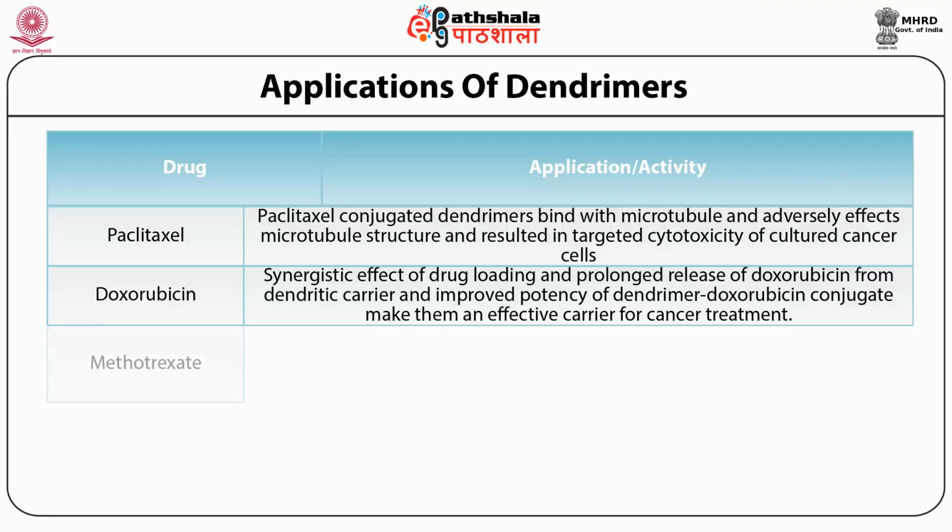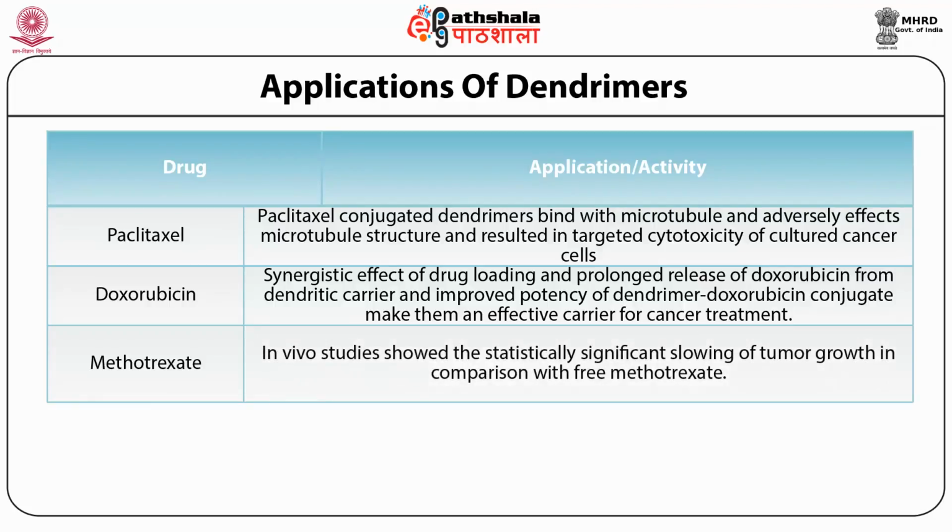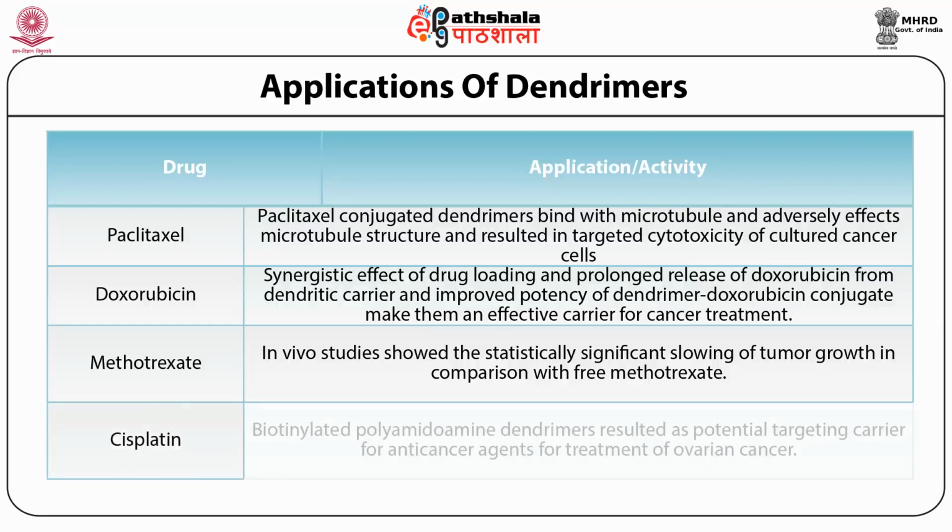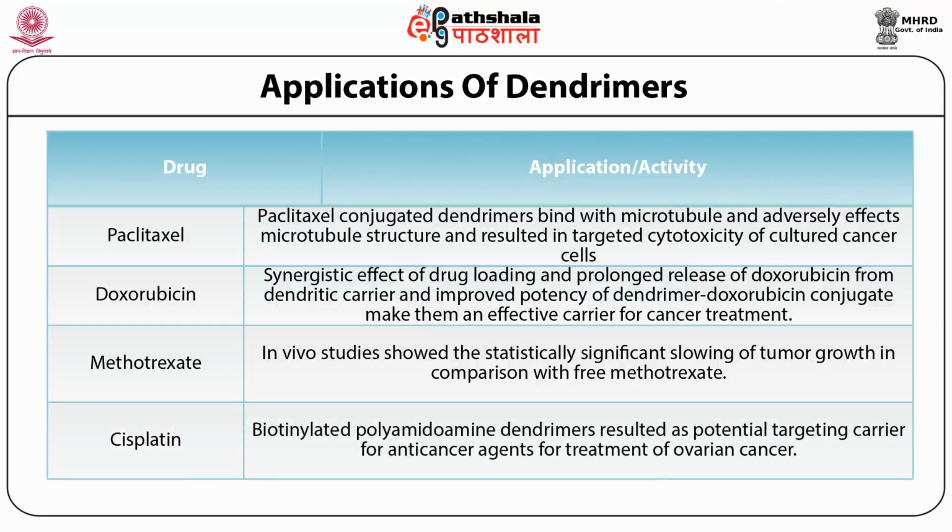Then similarly for methotrexate, in a research article, in vivo studies showed statistically significant slowing of tumor growth in comparison with free methotrexate. Then cisplatin biotinylated polyamidoamine dendrimers resulted as a potential targeting carrier for anti-cancer agents for the treatment of ovarian cancer.